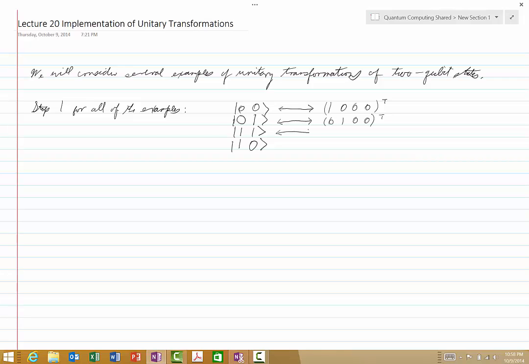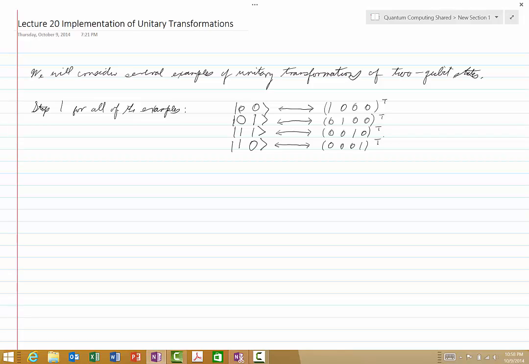With the 1 1 state we will associate the vector 0, 0, 1, 0 transpose, and finally with the 1 0 state, we will associate the vector 0, 0, 0, 1 transpose. So all of these vectors on the right-hand side there are really the transpose of row vectors, so they are in fact column vectors.